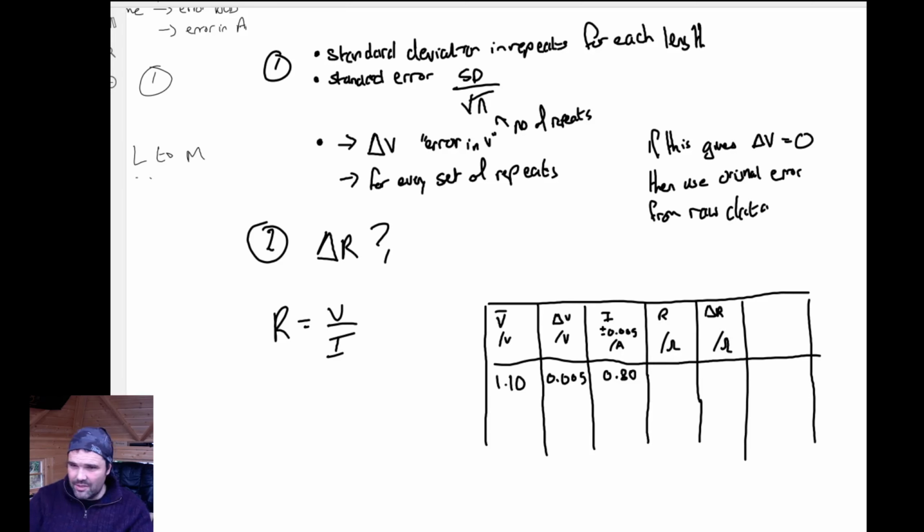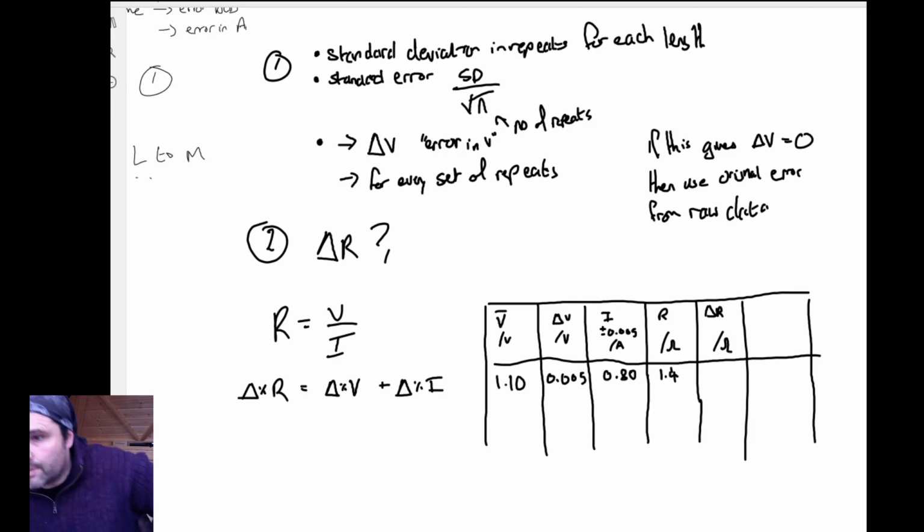Well, I can only really go to two significant figures, so I'm just going to go for 1.4 with that. So what I need then is to work out the error in that value. Okay, so what I need is the absolute error. I need the error in ohms. And to do that, I need to get the percentage error in R, which is the percentage error in V plus the percentage error in I.